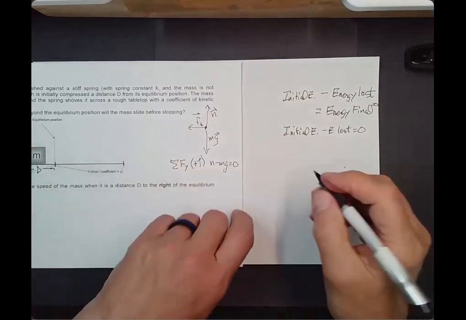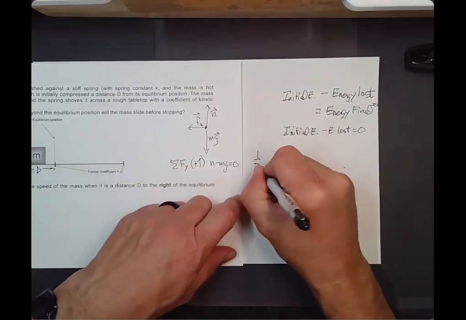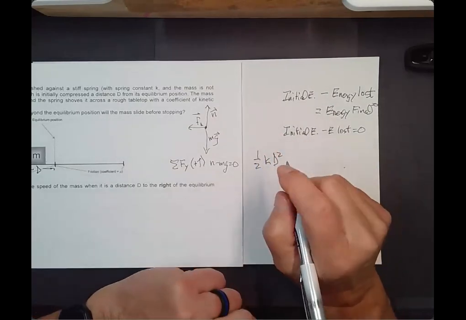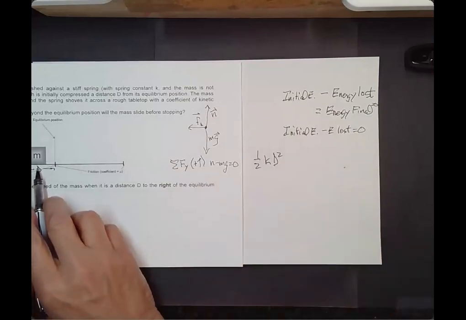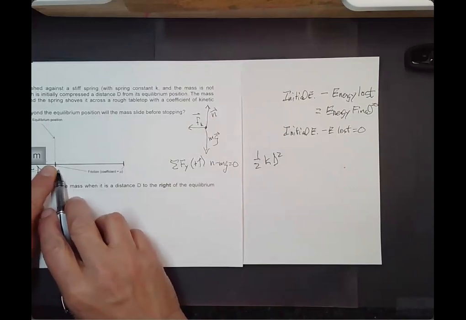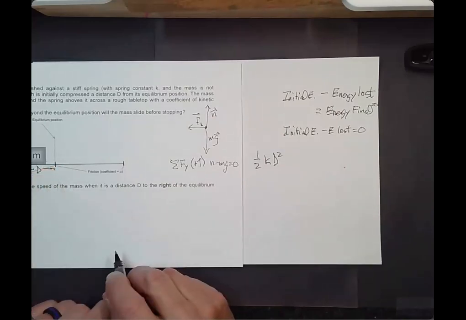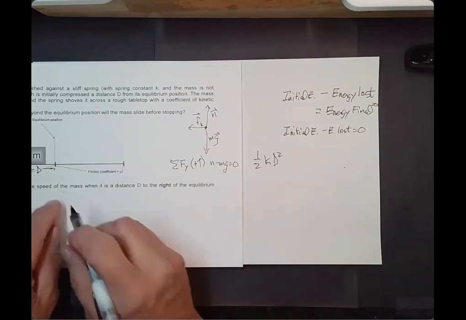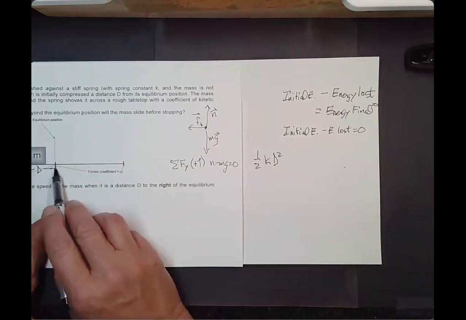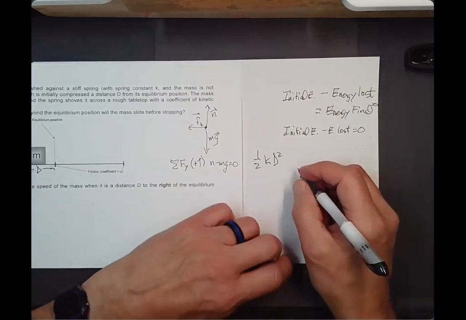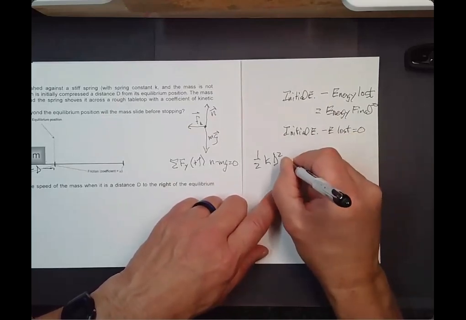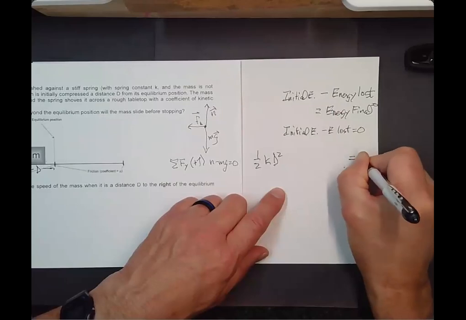So the initial energy we have is going to be 1/2 k times d squared. When the mass gets back to here, it's going to have an amount of kinetic energy that's 1/2 mv squared, but no energy has been lost yet because there wasn't any friction in this area here. So we won't have to worry about that. But the final situation is going to be equal to 0.